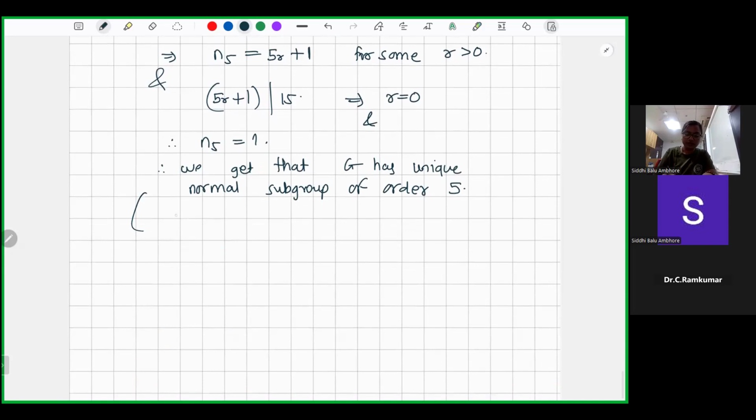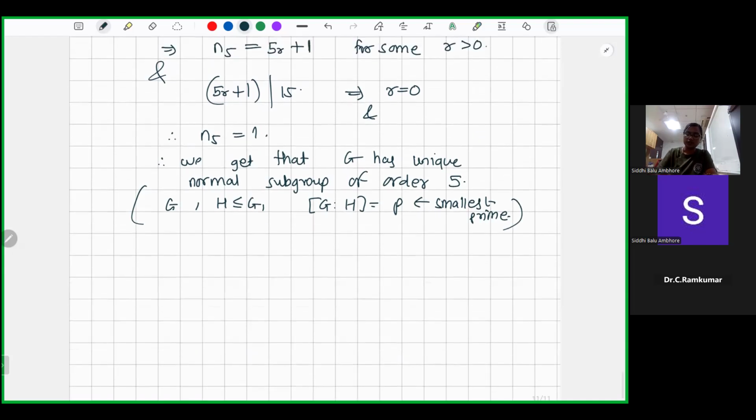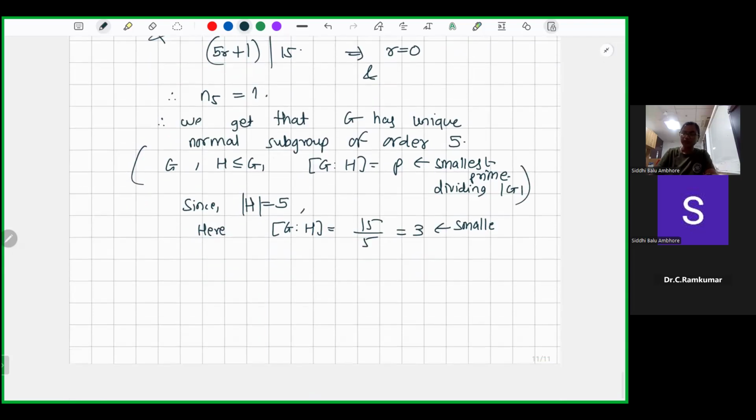Because we can use the theorem which we used in the earlier question: if H is a subgroup of G such that the index of H in G is P, where P is the smallest prime dividing the order of G, then H is a normal subgroup of G. Since H has cardinality 5, here the index of H in G is 15 by 5, which is 3, the smallest prime dividing the order of G.